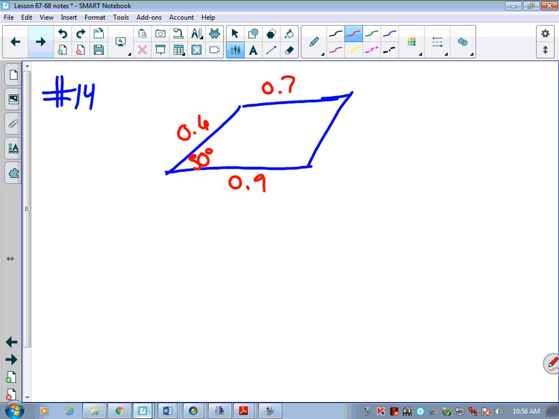Okay, so what is the formula for finding the area of a trapezoid? Base 1 plus base 2, times height, divided by 2. Very good, Savannah.